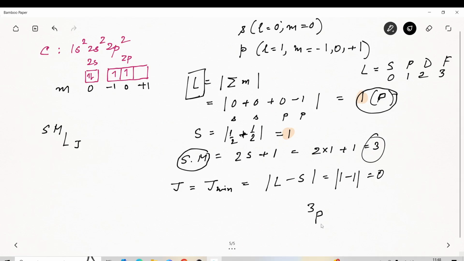P, and J is 0. So this is the ground state term for carbon. তাহলে কার্বনের গ্রাউন্ড স্টেট টার্মটা আমরা বার করলাম এইভাবে, তাই তো? So this is the ground state term for carbon.